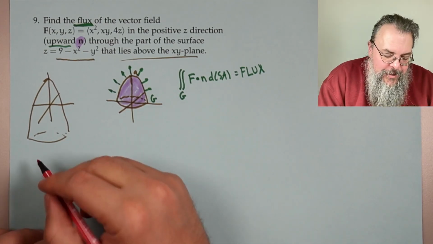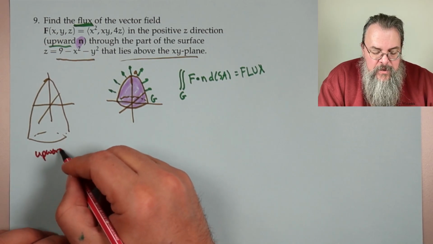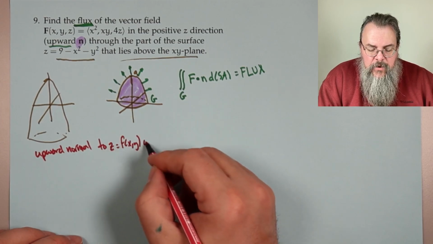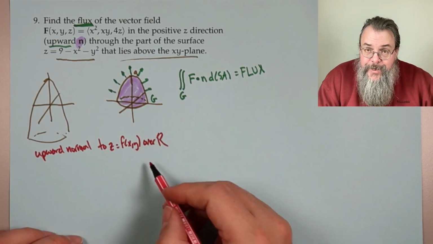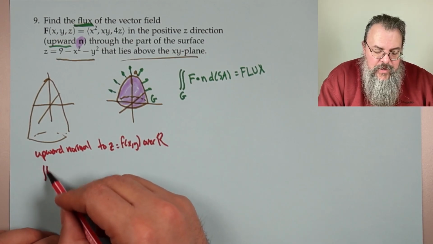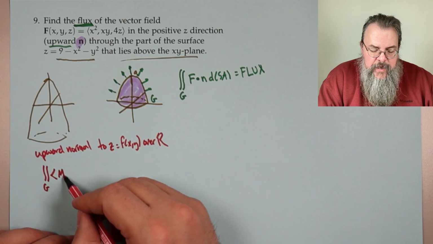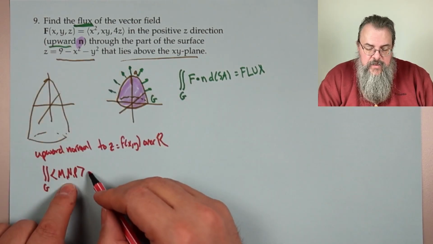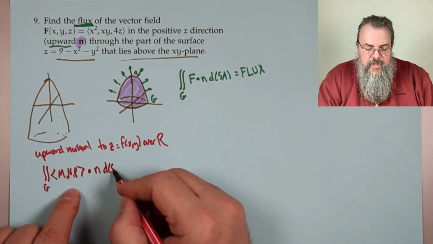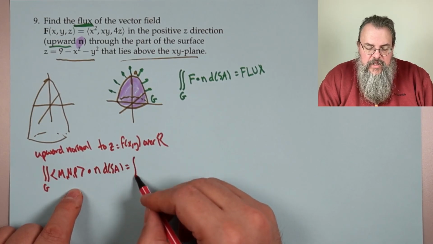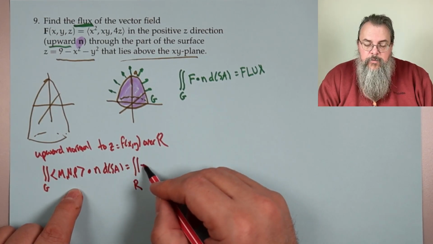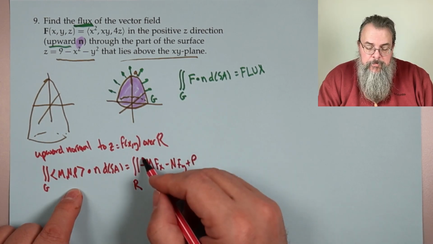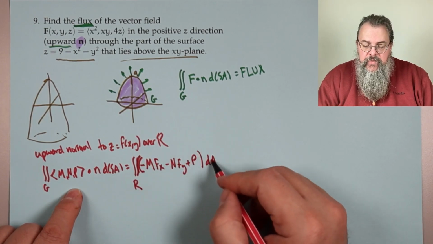If you have an upward normal to the surface z equals f of xy over region R, these are your assumptions, then the integral of your vector field M, N, P, dot n, so this is computing the flow, is equal to the integral over your region R of minus M f_x minus N f_y plus P. That's it.